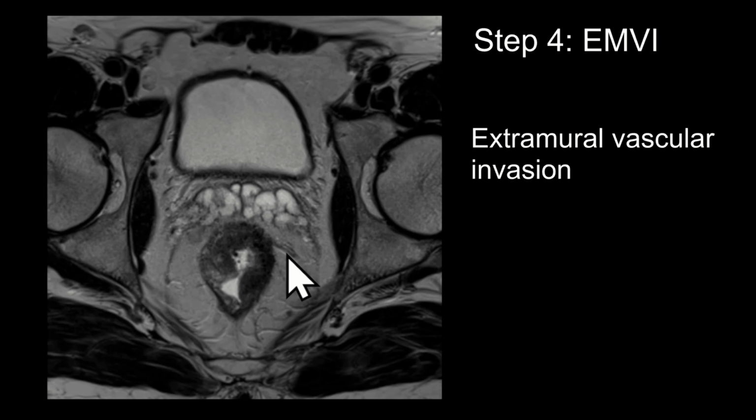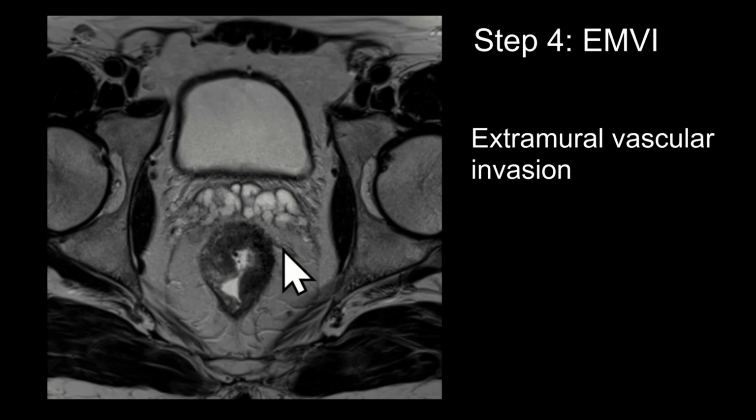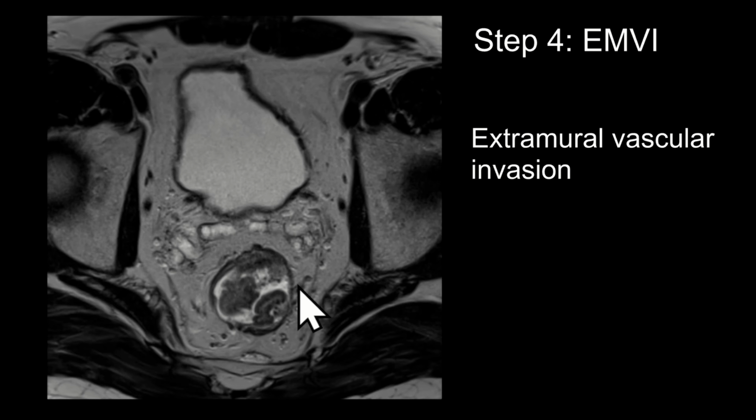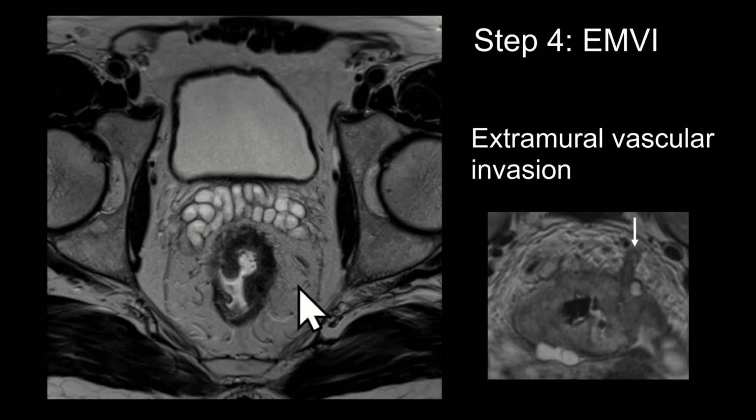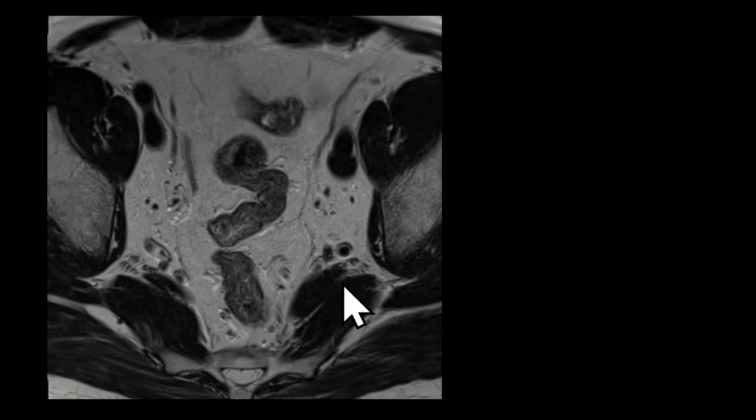So the vessels may be irregular and or expanded as well. So here in our original case, this is the tumor. This is a mesorectal vessel that is not involved, and there's actually no EMVI in this particular case. So we have examples of this in the course, but here's an example on the screen of EMVI. So notice the tumor signal within the vessel itself.